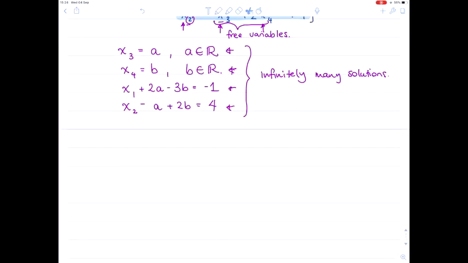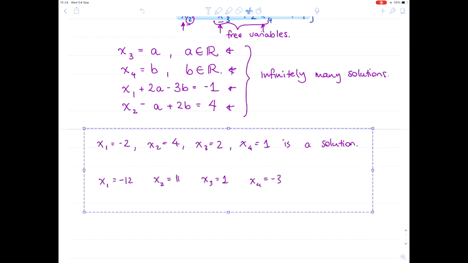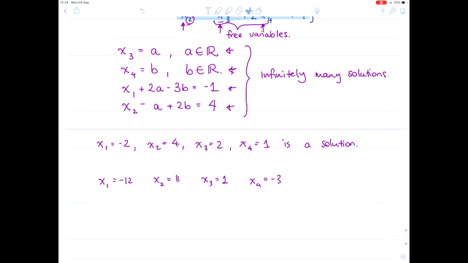So if you remember from the previous lecture, we actually saw 2 different solutions for this particular system. We saw that x1 equals minus 2, x2 equals 4, x3 equals 2, and x4 equals 1 is a solution. So what we've really done to find that solution was we said a is equal to 2 and b is equal to 1.